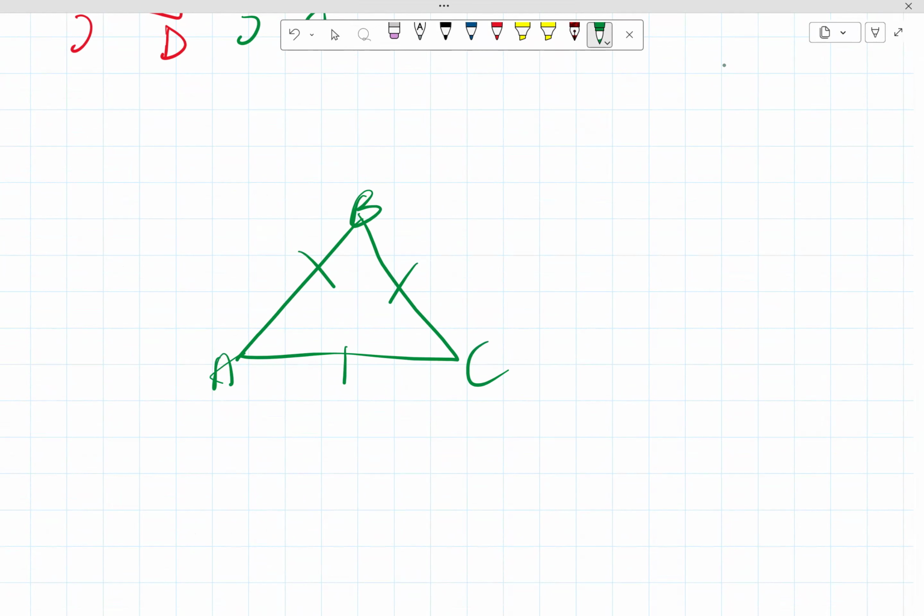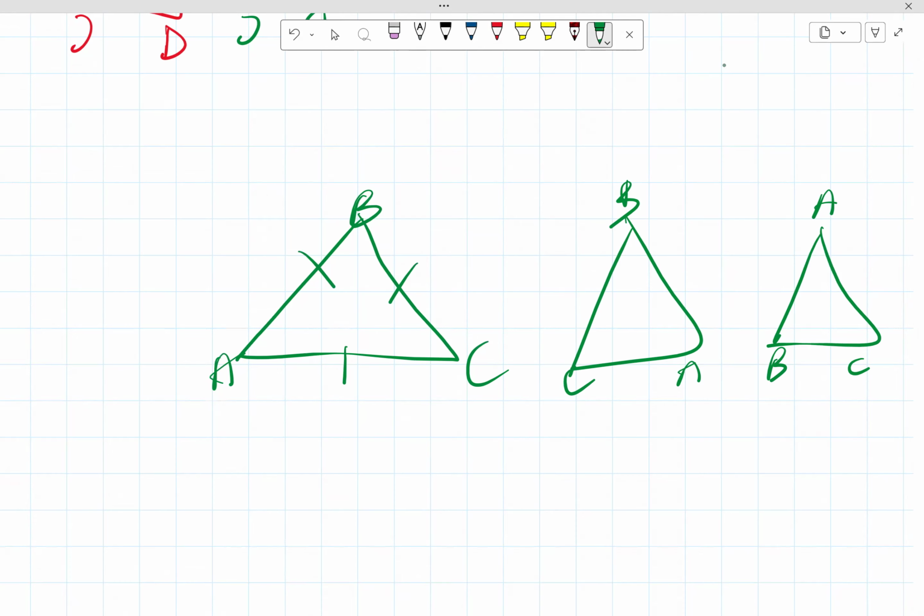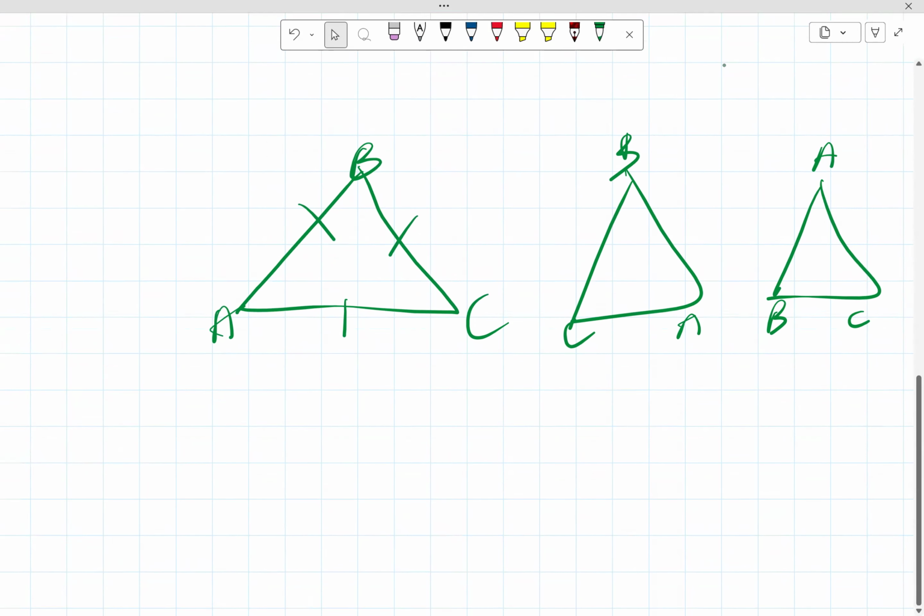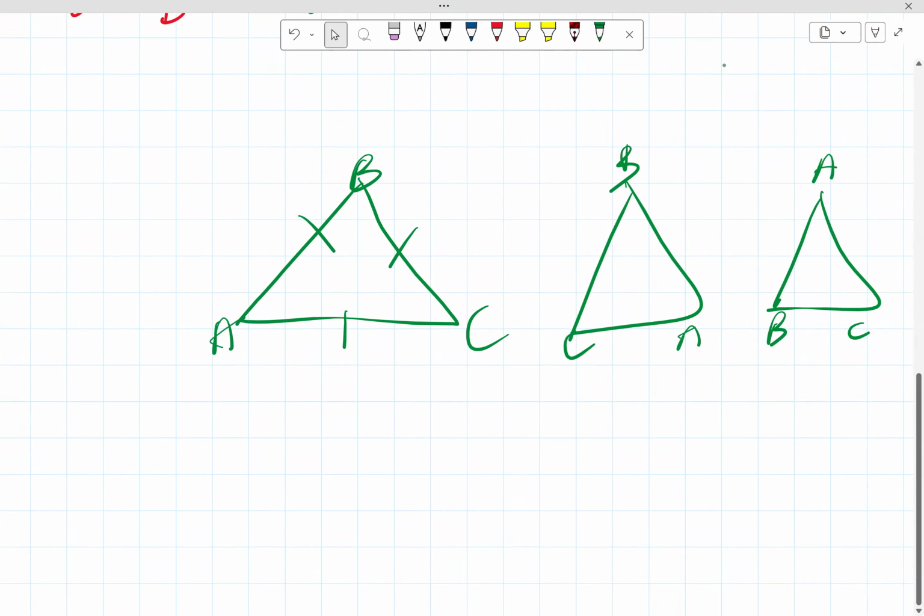For rotation, it just means you now have A, B, C, then another one with A, B, C. That's for rotation. But for reflection, I think there are three possible symmetries: this one, this one, and this one.